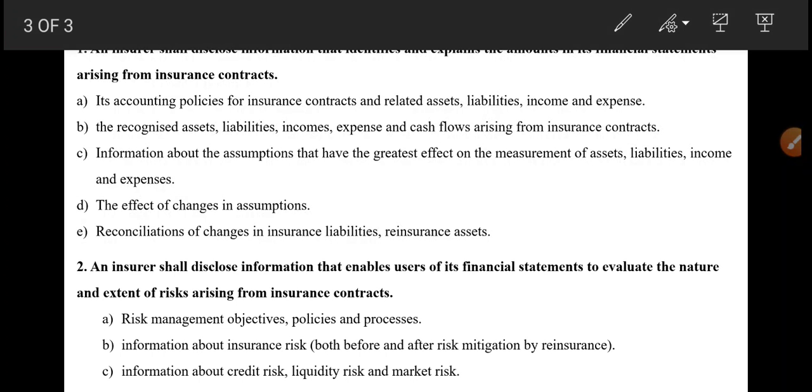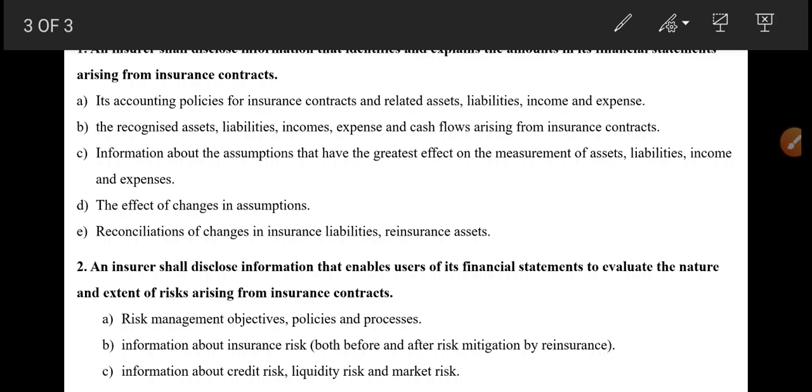Okay, so regarding those risks, the risk management objectives, policies and processes have to be disclosed. What all risks will arise in the insurance contract, how they are going to manage those risks, what policies they have implemented, and what processes they have implemented to mitigate those risks, that has to be disclosed.